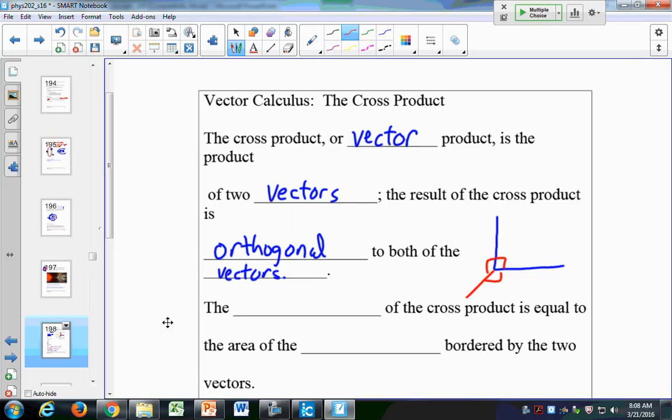So the magnitude of the cross product is equal to the area of the parallelogram bordered by the two vectors.